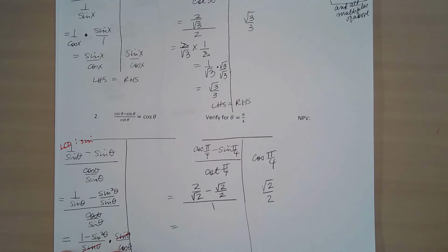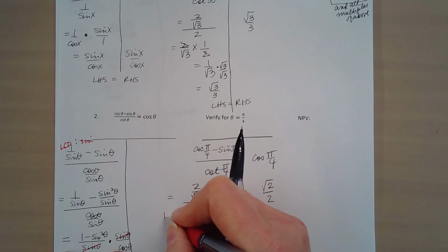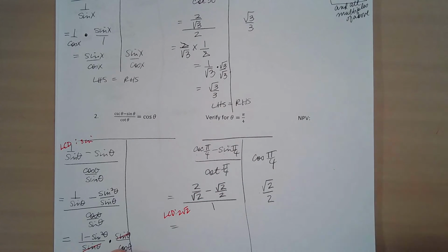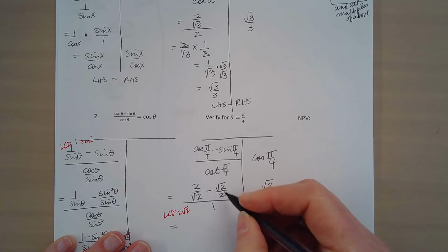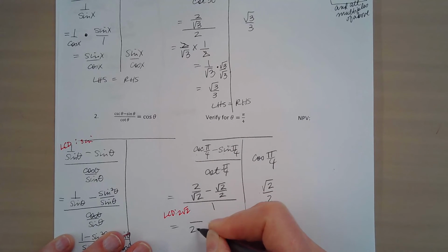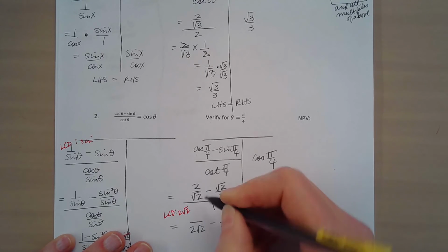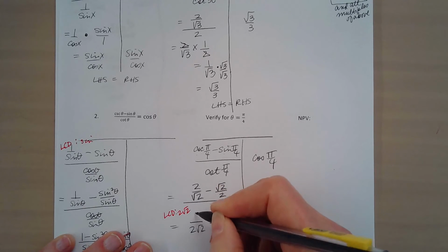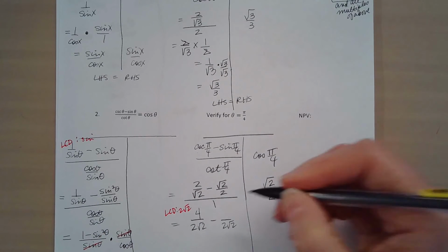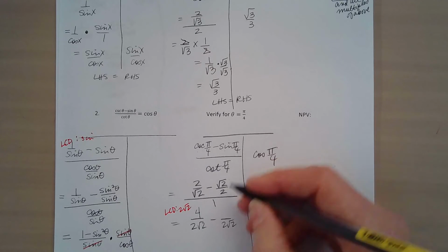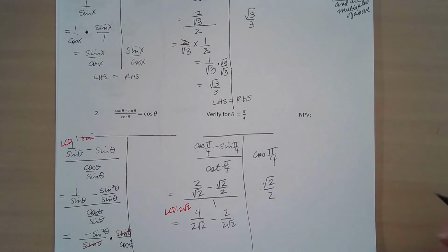So my LCD would be 2 root 2. Okay, so for this one, I'd have a 2 root 2, 2 root 2. For this fraction, I have to multiply by 2, so that gives me 4 on top. For this one, I'd have to multiply by root 2. So root 2 times root 2 gives me 2.